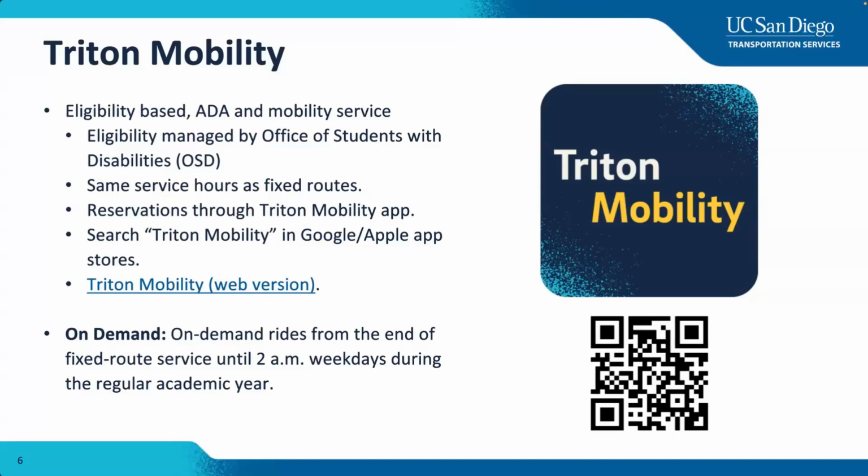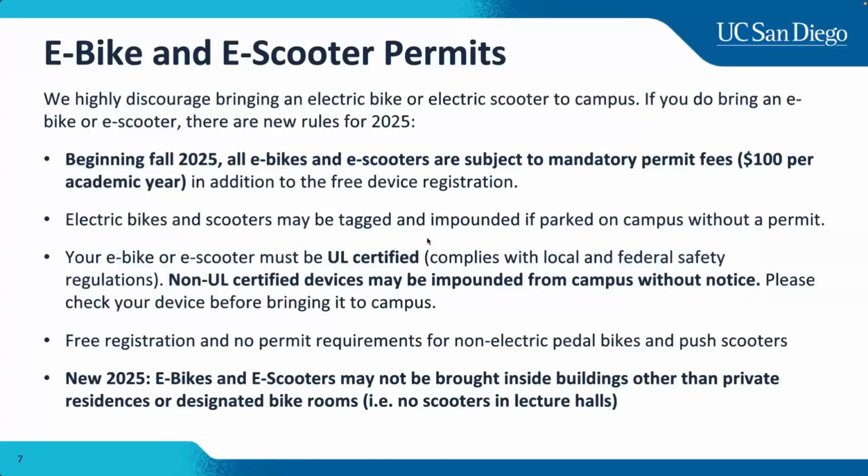So let's talk about how we can get around within campus that's not usually accessible by bus or anything else. So e-bikes and e-scooters. As a policy, we do highly discourage bringing an electric bike or electric scooter to our campus. These are new rules that we're implementing for fall 2025 onwards.